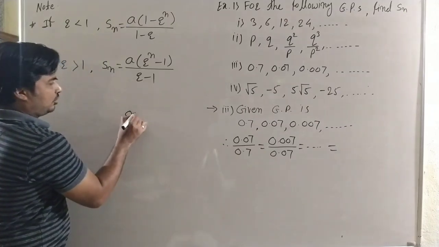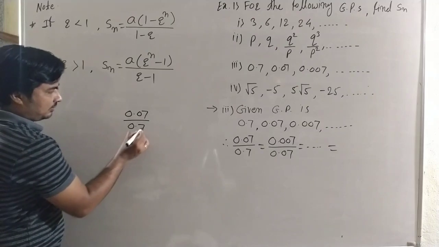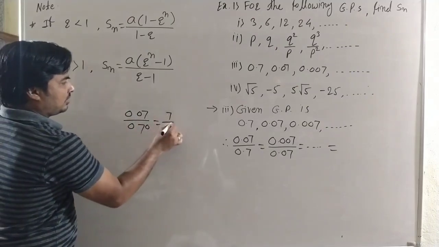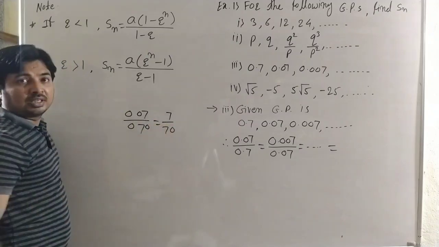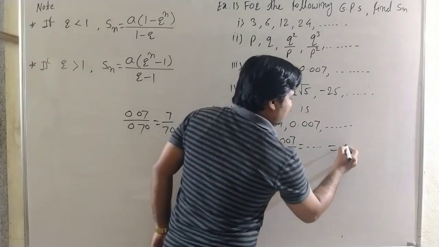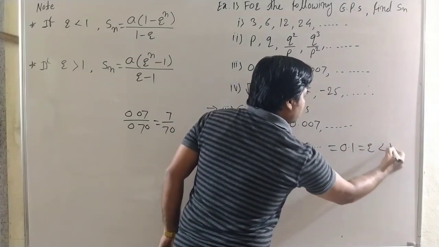Here 0.07 upon 0.7, we can remove the point, that means 7 upon 70, it is 1 by 10, and 1 by 10 means 0.1. It is 0.1, which is equal to R, and which is less than 1.